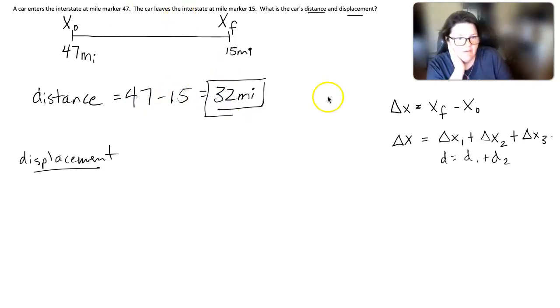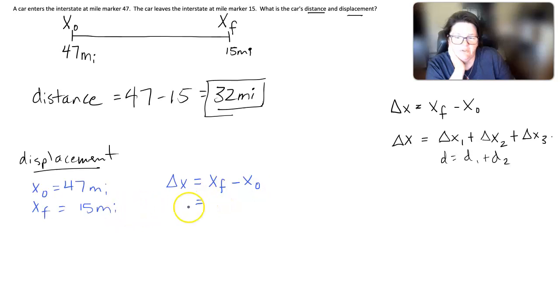For displacement, we're going to use this equation because we have the initial and final positions. So our initial position is 47 miles. Our final position is 15 miles. And to find displacement, because it has direction and that direction has meaning, we're always going to do the final position minus the initial position.